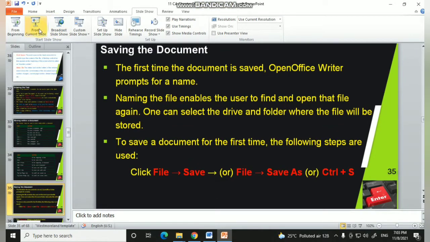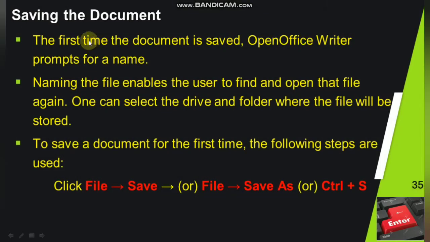Then the next topic which you are going to see is how to save a document. Once after typing the content in our document, we need to save the document. For the first time when you are going to save, what we should consider is, we should first name the file, and then with the extension.